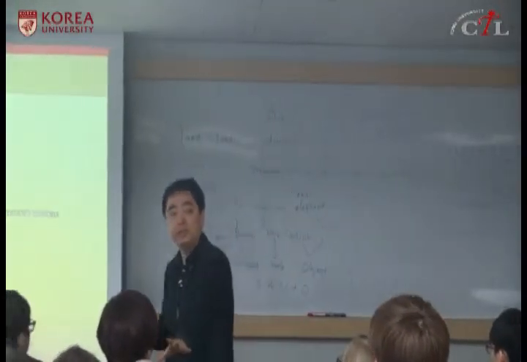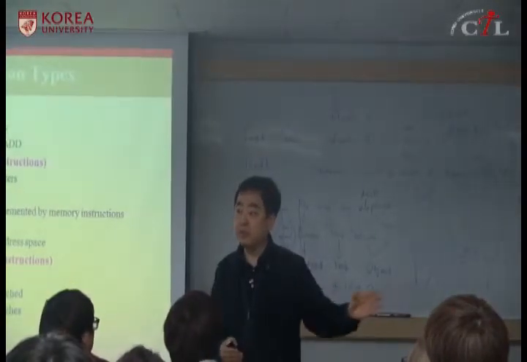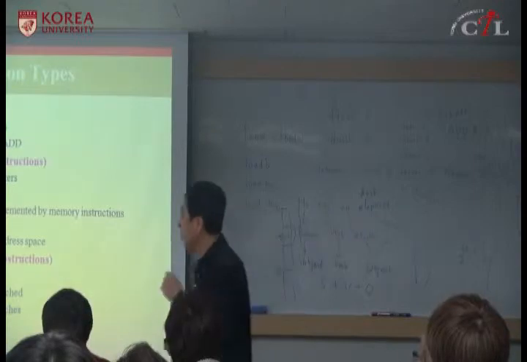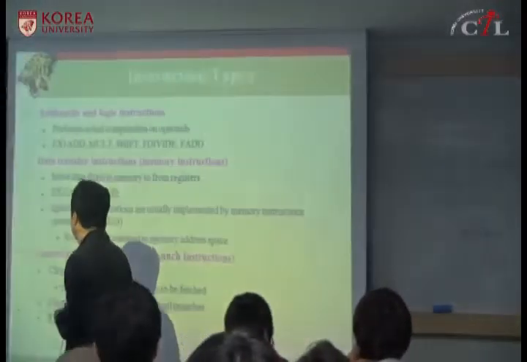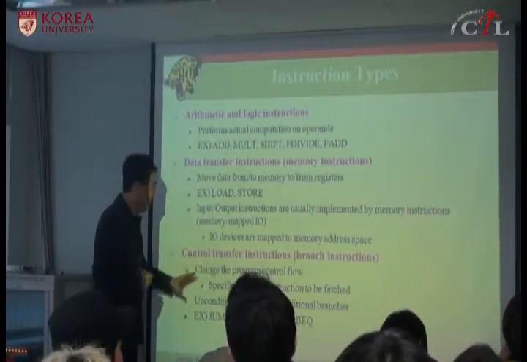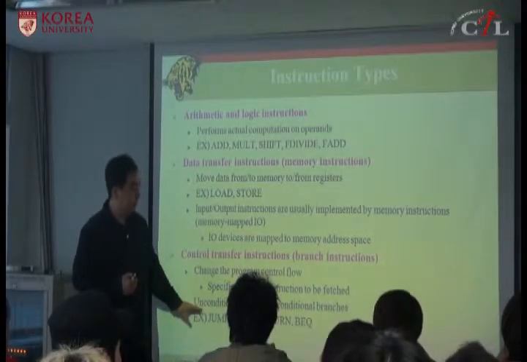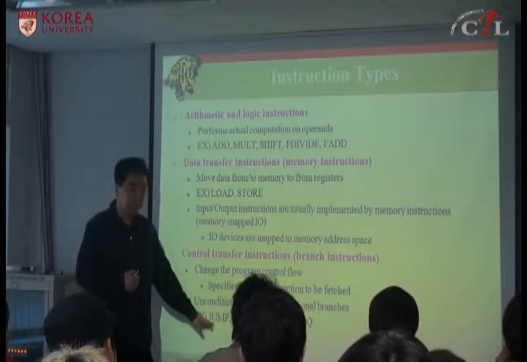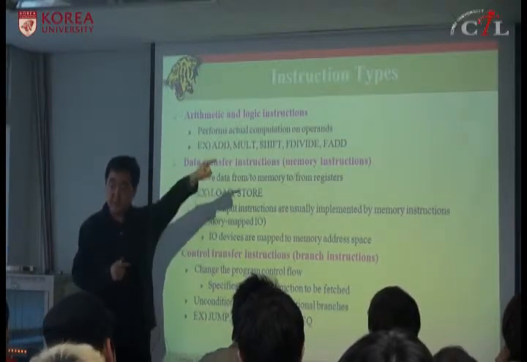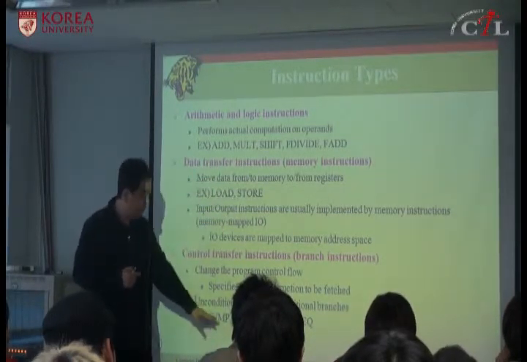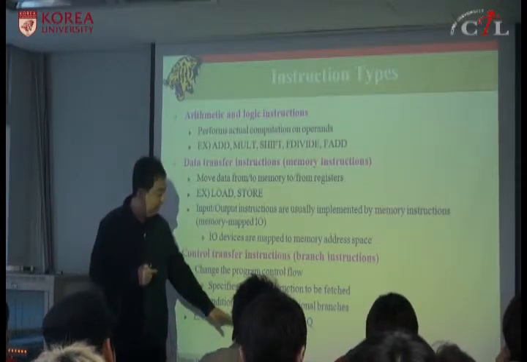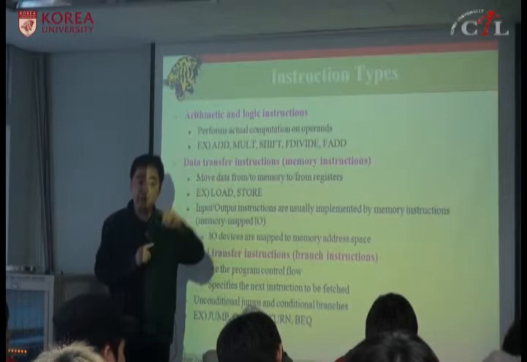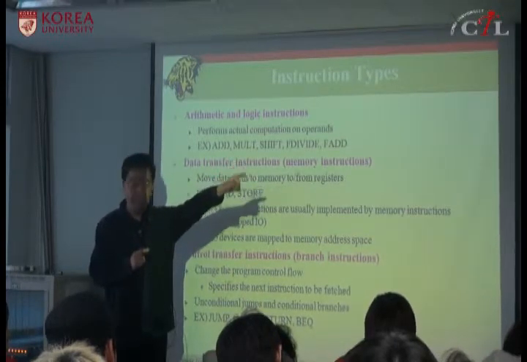But if there is a branch, you change the control flow. If this is a jump, it can go to any location. Okay? And among these control transfer instructions there are unconditional branches and conditional branches. Jump means jumping to this location directly. This is unconditional. A function call or procedure call is also unconditional. Okay?